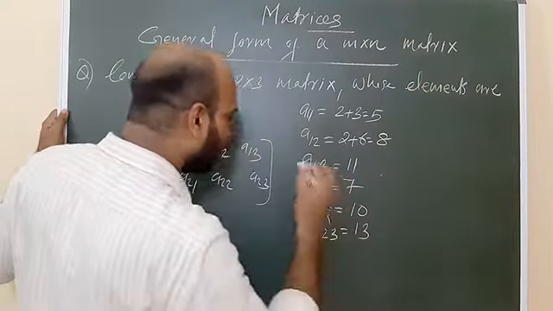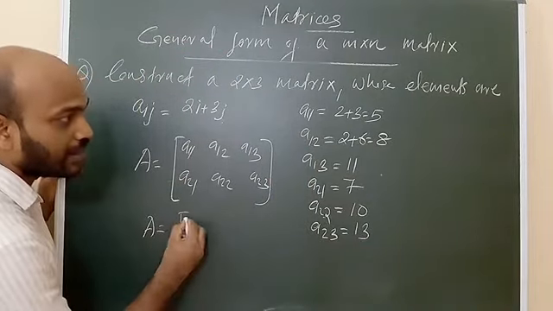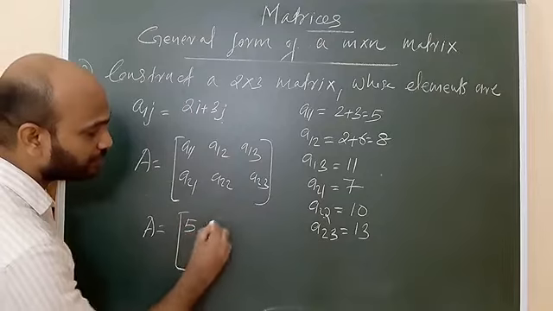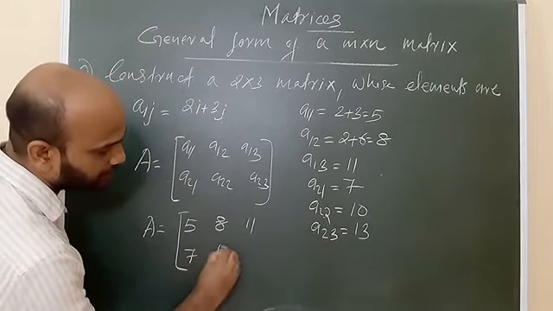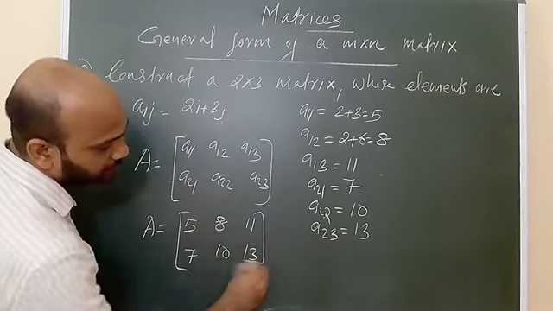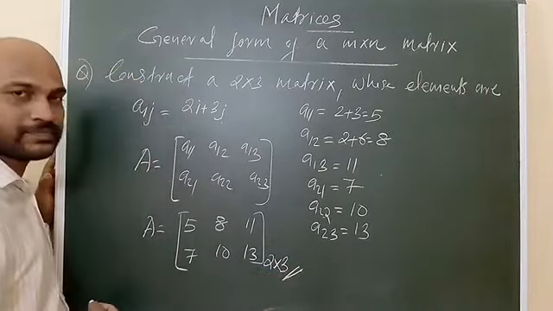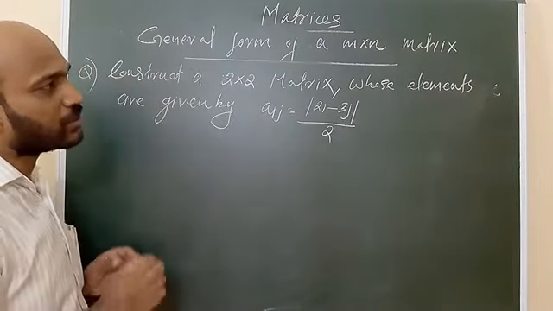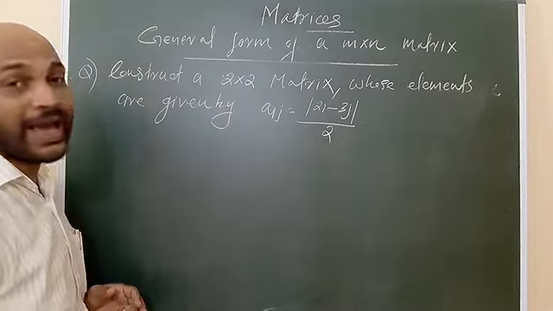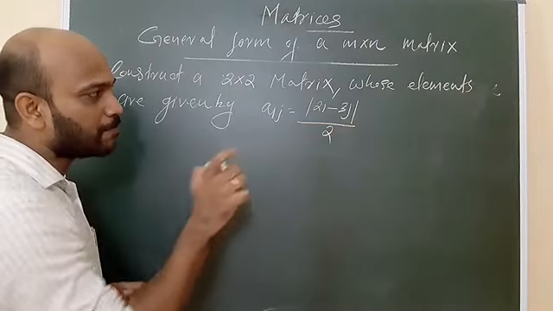After getting all elements, we have to write the matrix like this. So the elements are 5, 8, 11, then 7, 10, 13. So that is the answer. The order of the matrix is 2 by 3. We can do one more question. Construct a 2 by 2 matrix whose elements are given by Aij equal to modulus of (2i minus 3j) by 2.